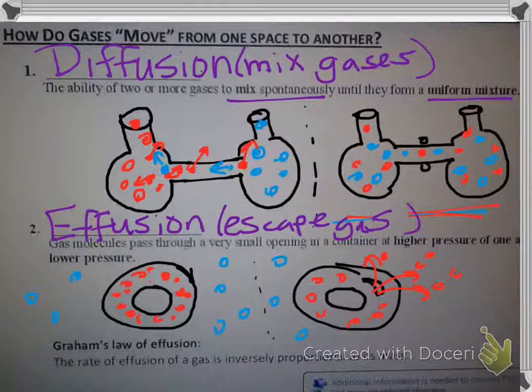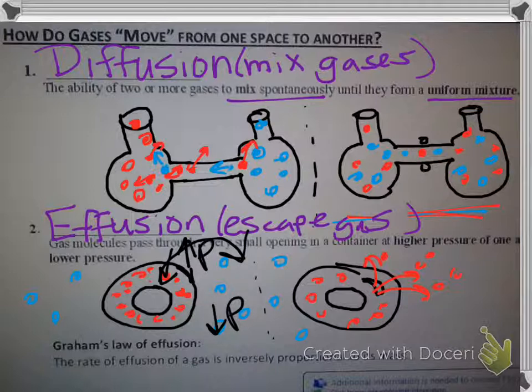Instead of the gases on the outside and the inside diffusing or mixing equally or entering, it always turns out that the gas at the higher pressure will escape from the hole to get to the lower pressure. So we know our tires have a very high pressure on the inside. So here we have a high pressure. And outside in the atmosphere we have a lower pressure. The higher pressure gases will always escape to the lower pressure until the pressure difference is equal.